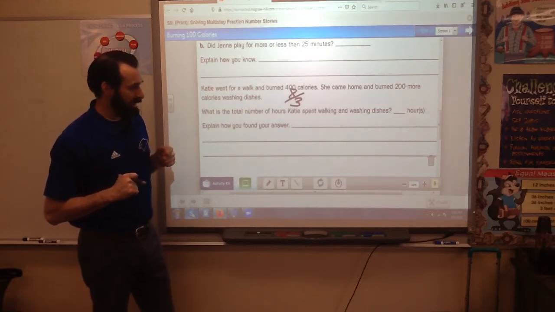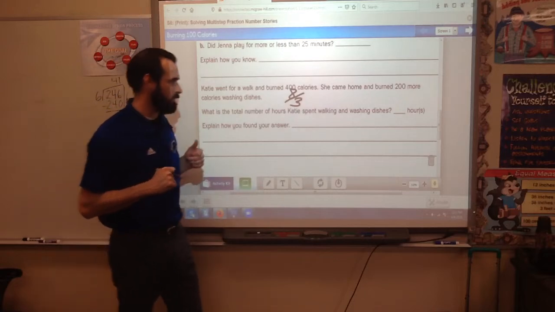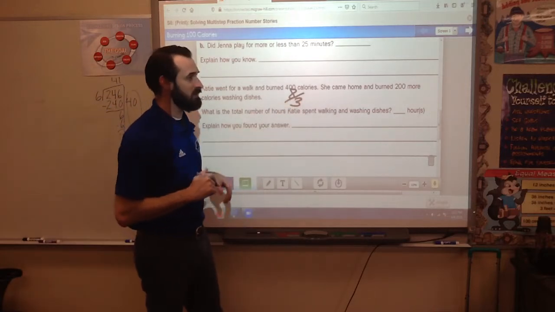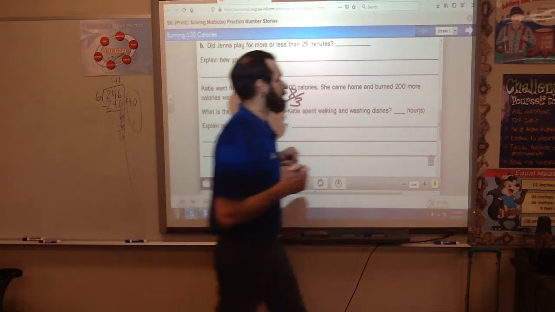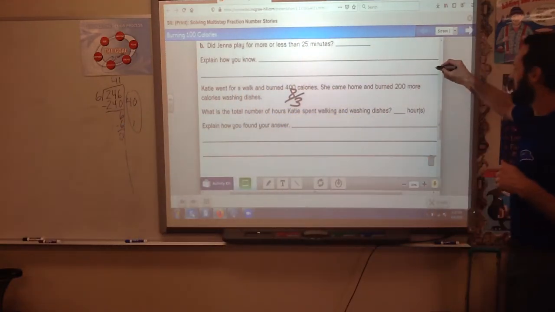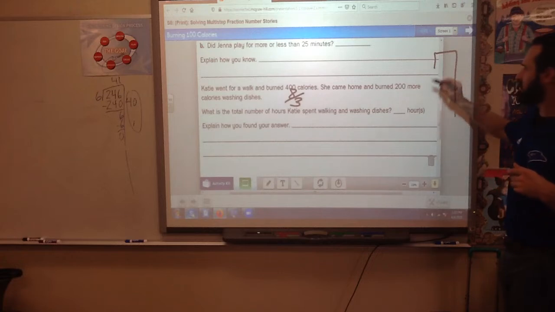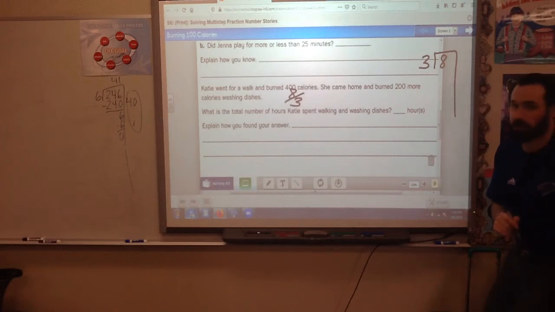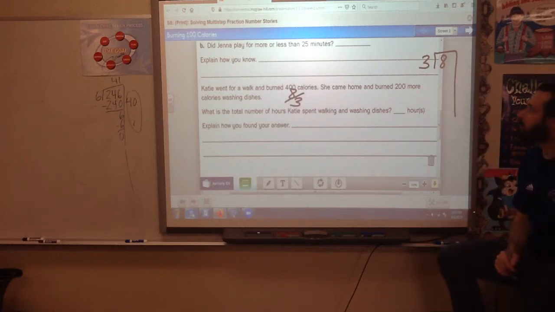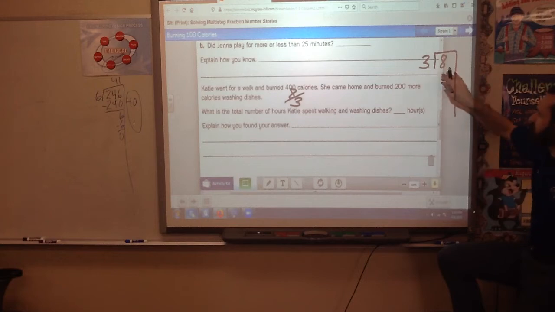To do that, we need to do some division here. And it's not as bad as you would think. Because really all we have to do is take 8 and divide it by 3. Go ahead and try and solve 8 divided by 3. How many 3's go into 8?